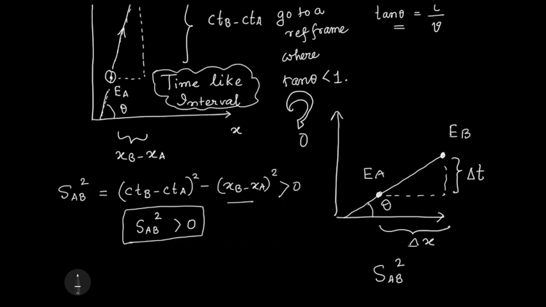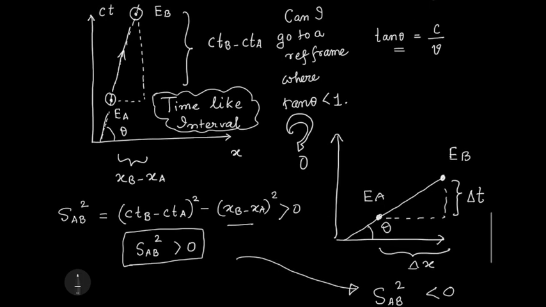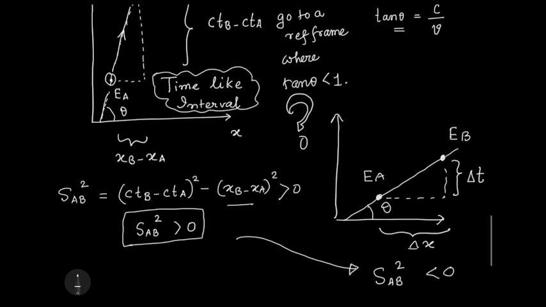The space difference is more than the time difference, so this will be less than 0. So you are asking the question, tan theta has to be less than 1, that is how I draw this, some less than 1 trajectory, then SAB square has to be less than 0 in that reference frame.